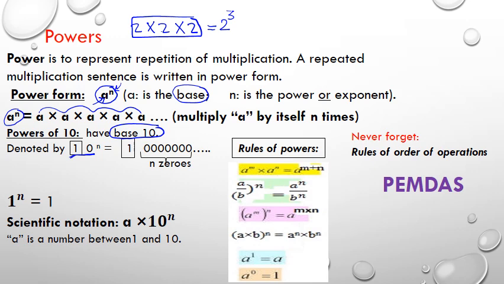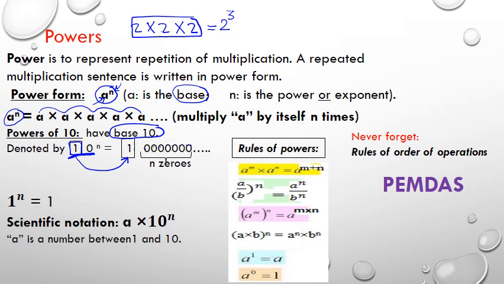When we want to calculate 10 to the power n, it's not necessary to write it as a multiplication sentence anymore. We take the 1 from the base 10, and n represents the number of zeros that the 1 has. So n is the number of zeros.